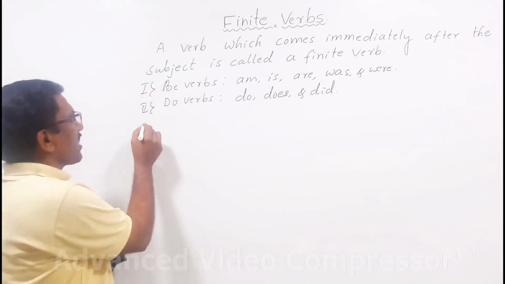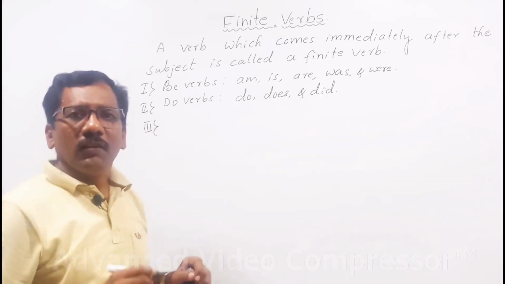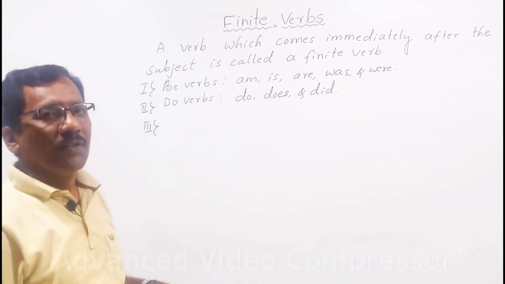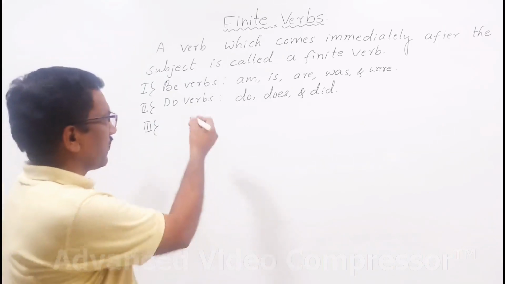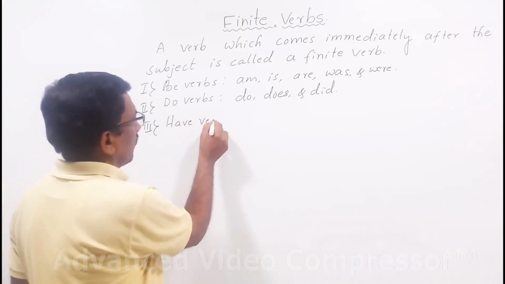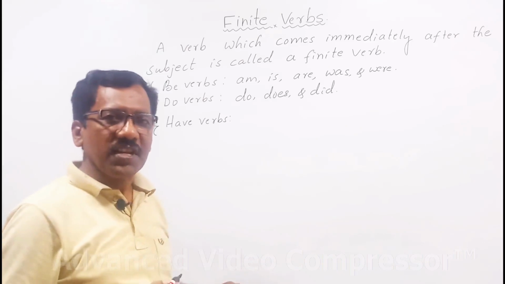Got it? Then, third point, all the have verbs are also finite verbs. Then what are the have verbs? Let's see here. Have verbs. Dear students, have verbs are also three in number.